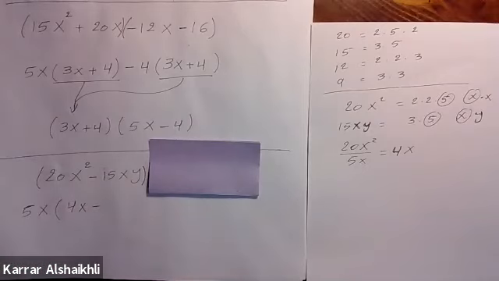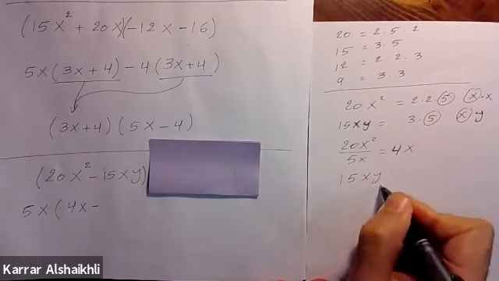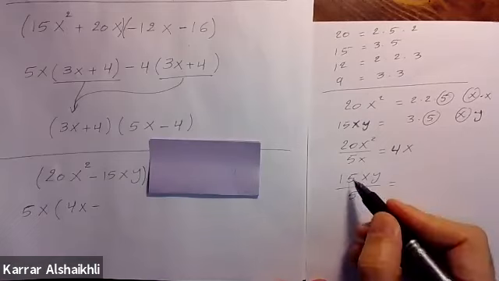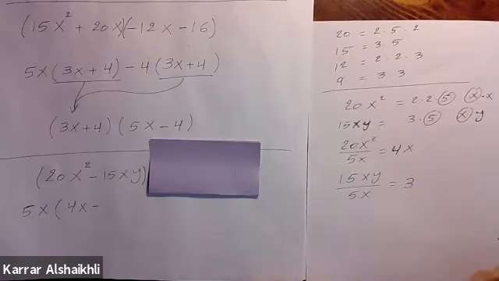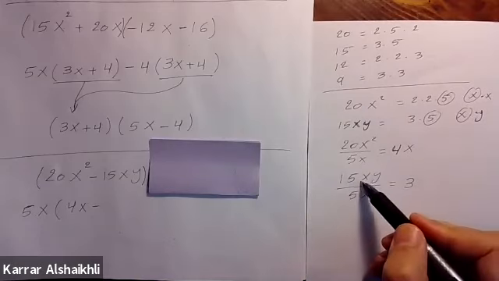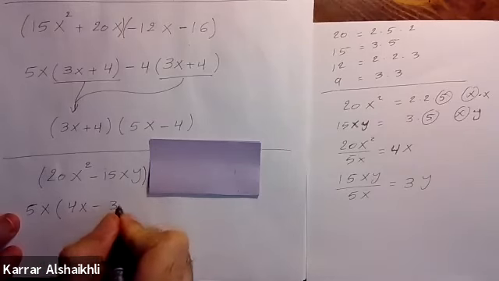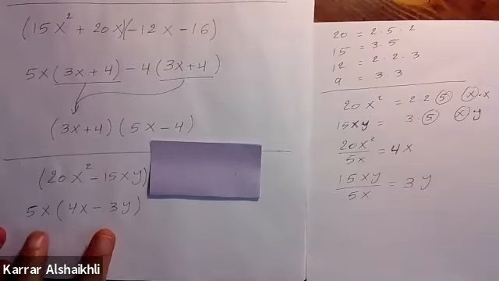Here is the minus. 15xy divided by 5x. 15 divided by 5 is 3. What about xy divided by x? Y. So it's going to be 3y. So I'm going to write down 3y, close the parentheses. So we're done from the first group.